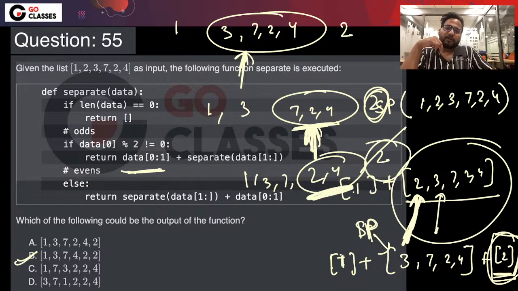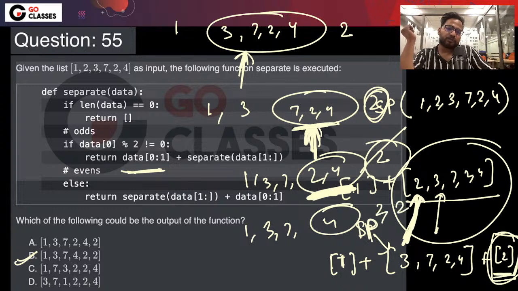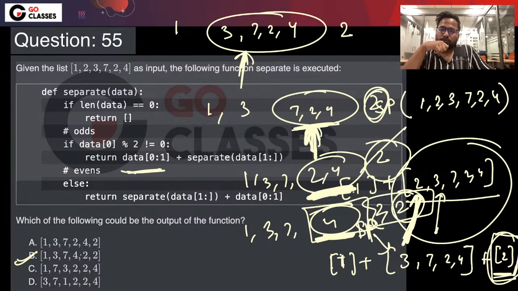Now it is even, so you put this even at the end. So it is 1 3 7 and this is 4, you put the even at the end, which is 2 2, right? And then it is just one element, so it will return directly. So basically 1 3 7 4 2 2. Okay, this is an interesting question.